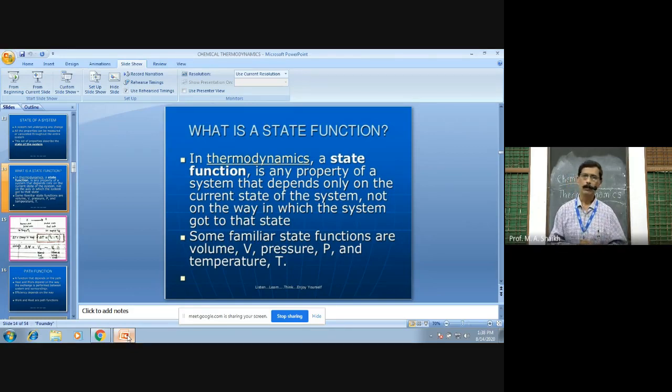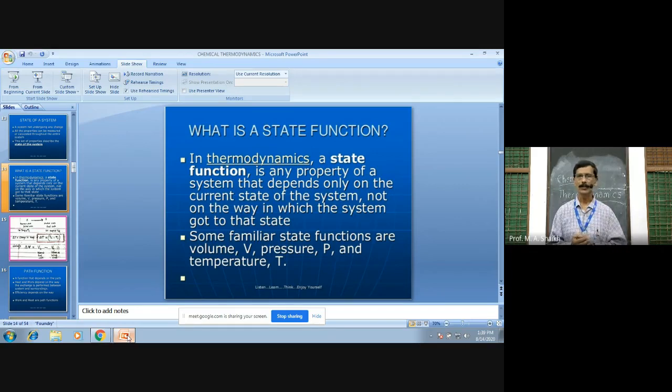The answer must be: a measurable or thermodynamic property of a system which depends only on the initial and final states of the system and does not depend on the path followed by the system to go from the initial state to the final state. Now, which are the familiar state functions? Pressure, temperature, volume are the familiar state functions. Students, listen to the interesting part.